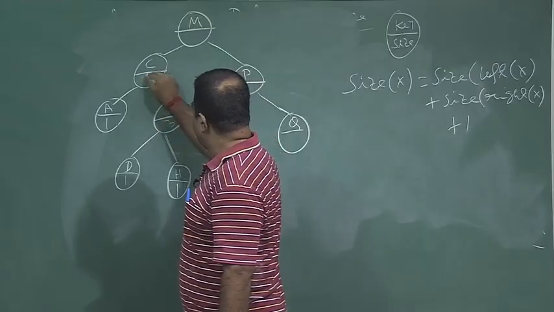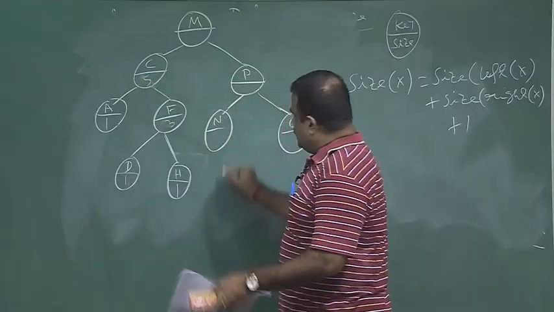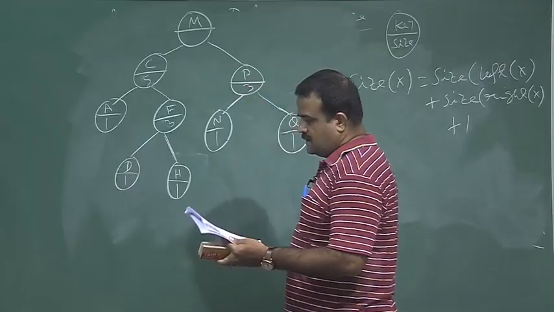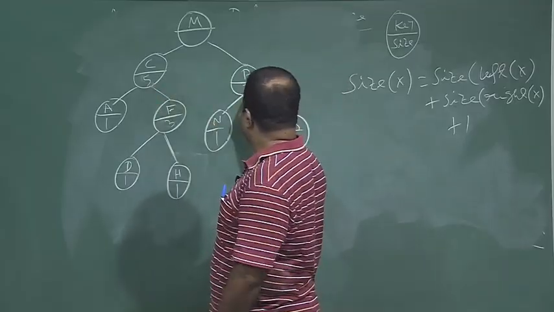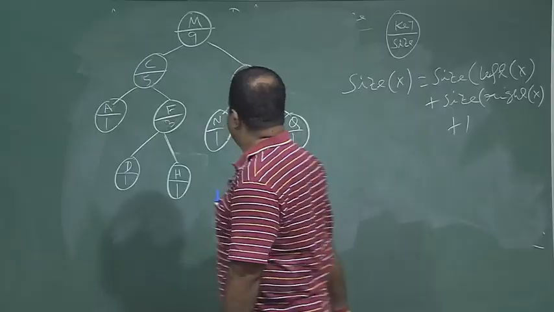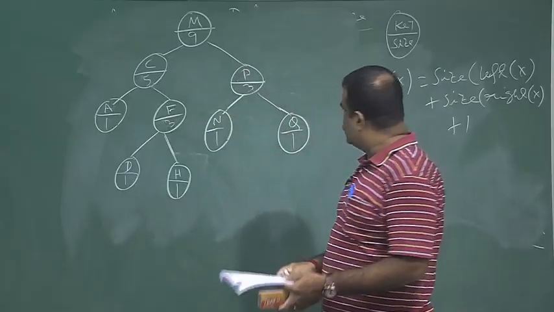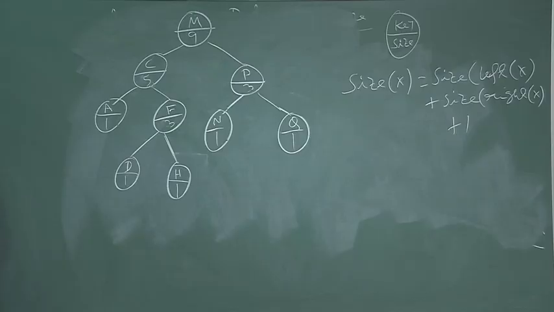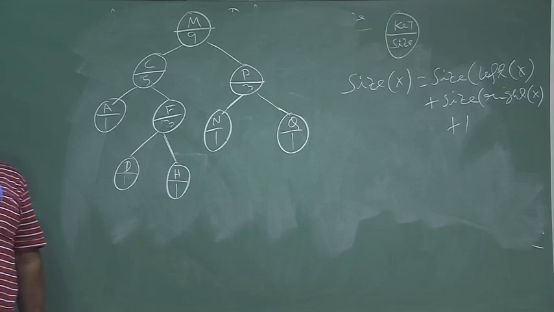So, this is 5. And this is 1, this is 1, this is basically 1 plus 1. So, this is 3, and this is basically 5 plus 3, 8, plus 1, 9. So, this is our new data structure, which is basically a red black tree, but we have an extra bit of information: we are storing the size of the tree rooted at that node.